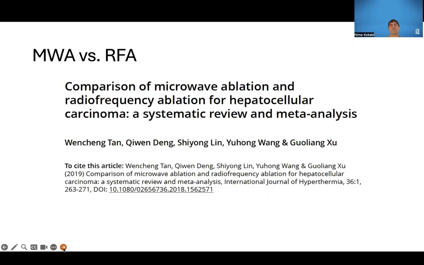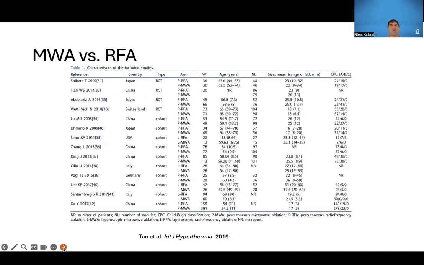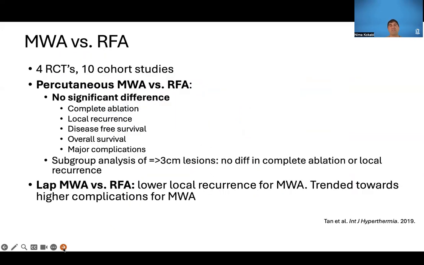And this was a systematic review and meta-analysis comparing microwave ablation versus RFA, multiple studies. 4 of them were randomized control trials, head-to-head studies, 10 cohort studies. The summary of the study was that there was no significant difference in terms of disease response or tumor response, as well as the oncologic outcomes.